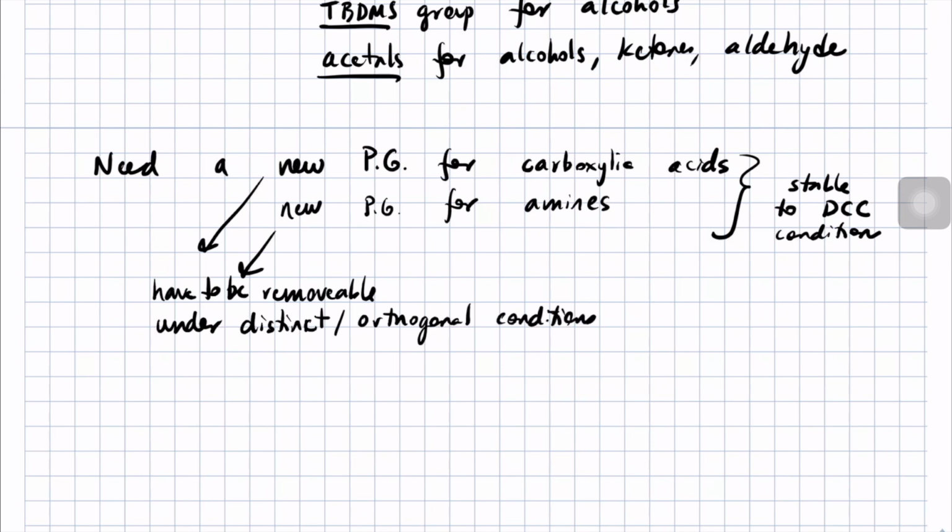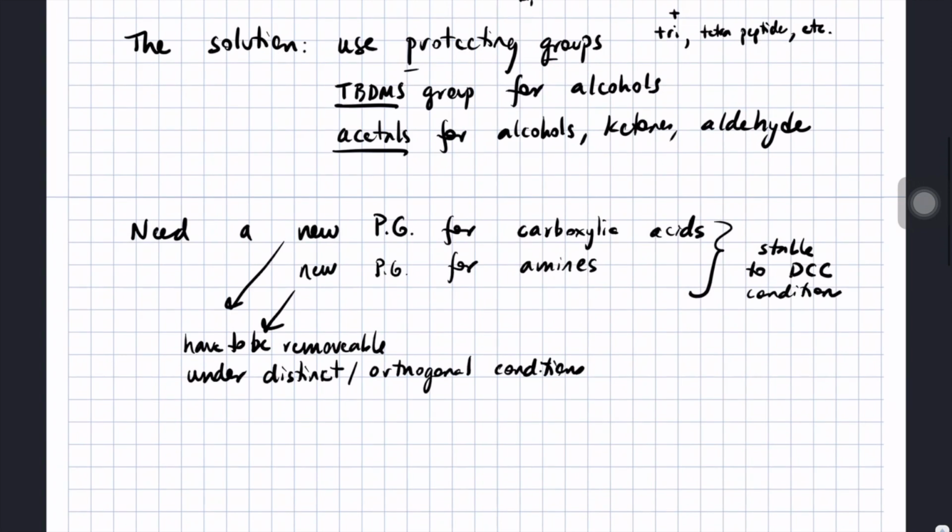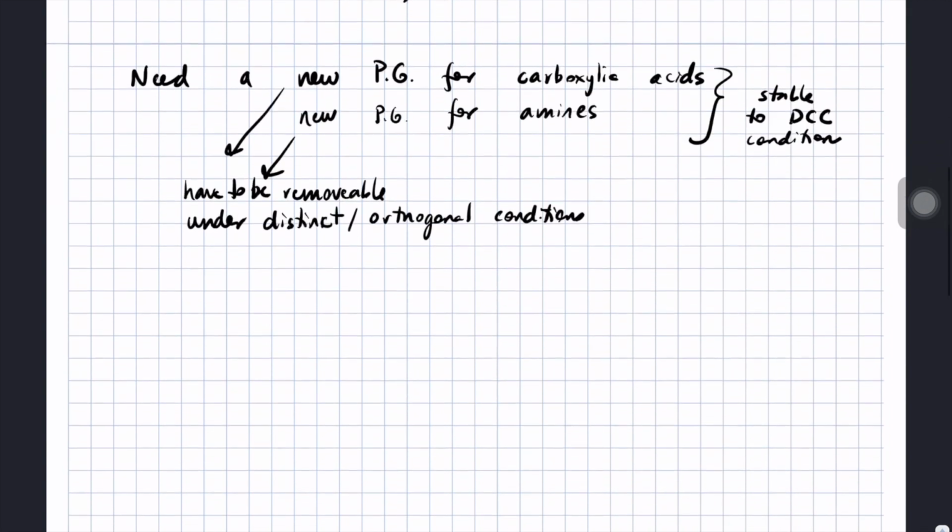What that means is, if we want to remove the amine protecting group, we want the carboxylic acid protecting group to stay in place. So I'll introduce the new protecting groups that your text has.